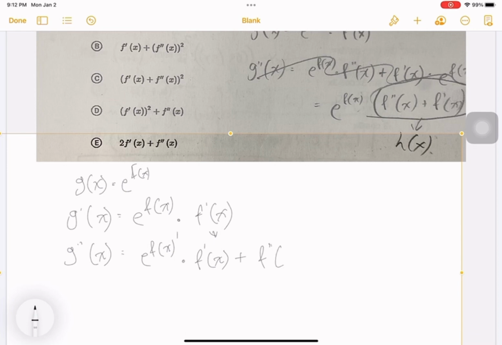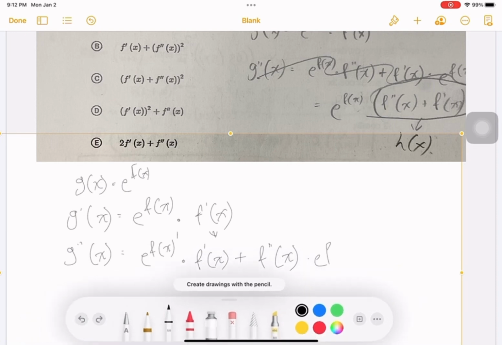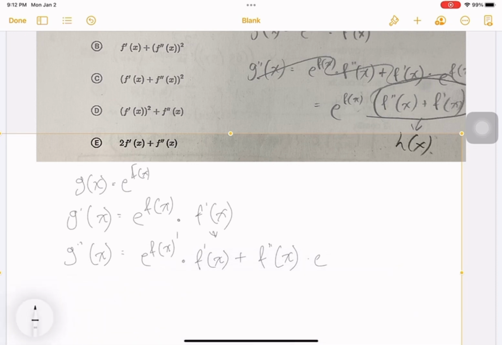It's just f prime prime of x, times e to the f of x.